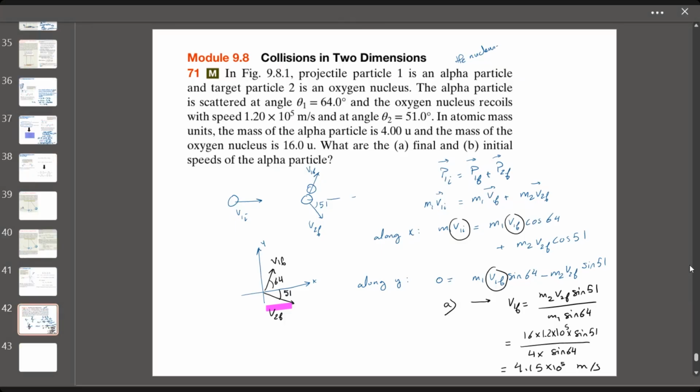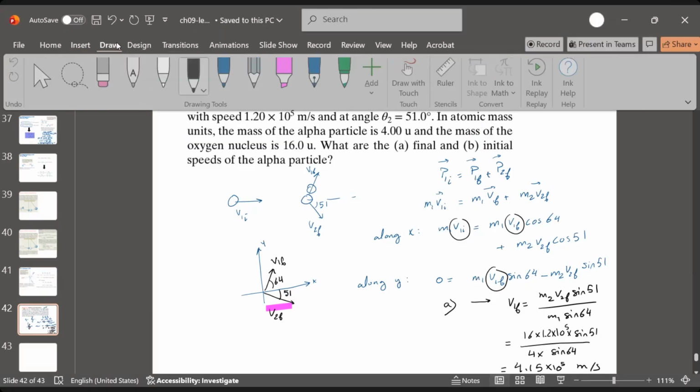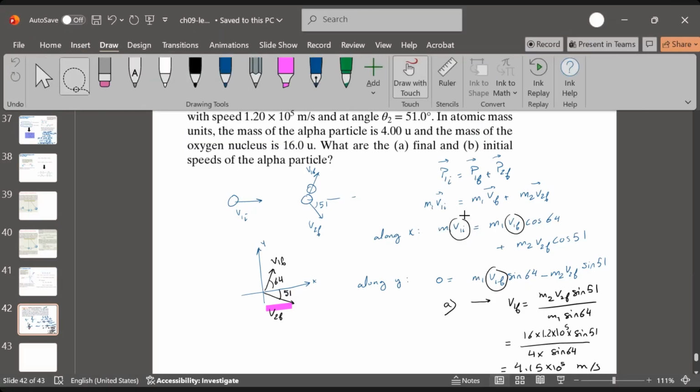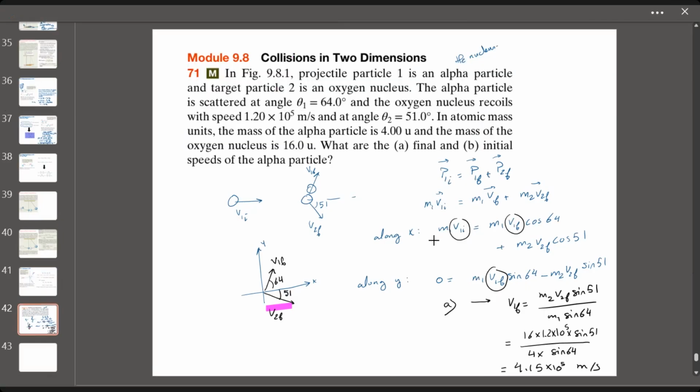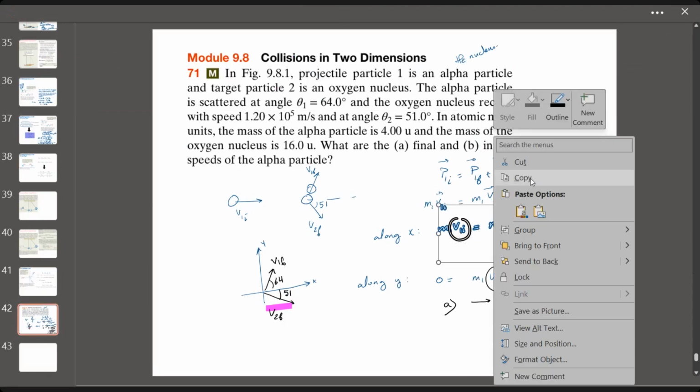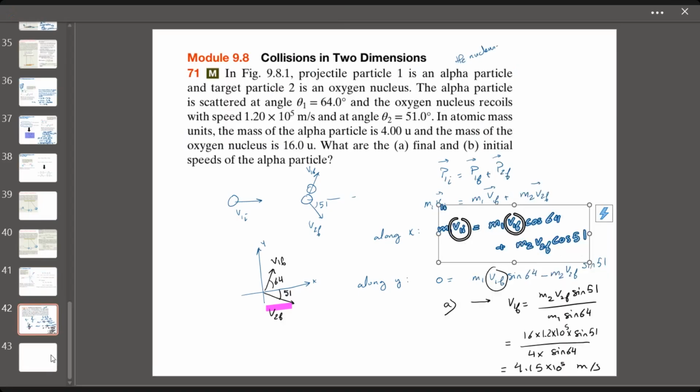So what remains is part B, where I want the initial speed of the alpha particle. And here I'm going to use my first equation, which is along the x-axis, where I wrote, let's copy that. I wrote M1 V1 initial equals M1 V1 final plus M2 V2 final with projections in the appropriate angles.